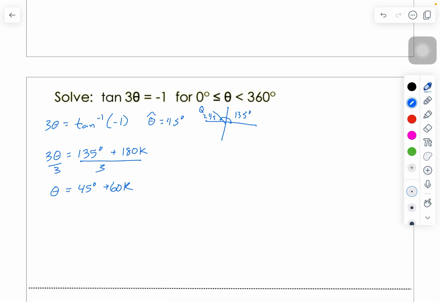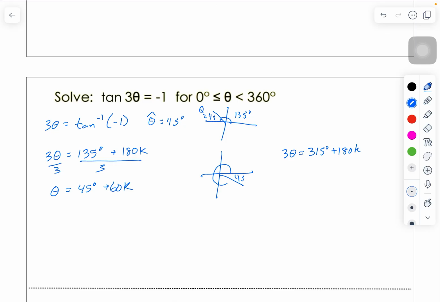Now that would be in quadrant number 2, because that's where tangent is negative. I've also had this case where it is also negative in the fourth quadrant. So I've got a reference angle of 45 right here. So this angle is another possibility for 3 theta to be equal to, and that would be 315 plus 180k.